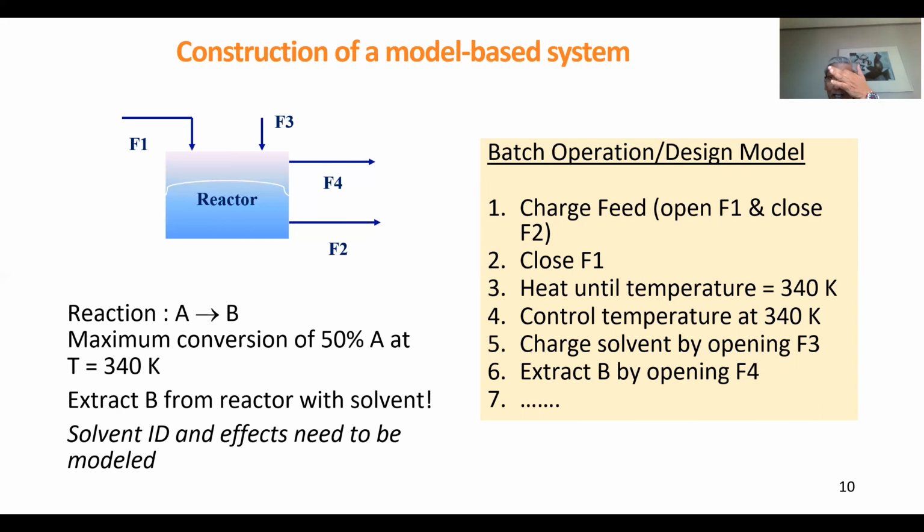Sorry, I said the solvent will go out in F2, but the solvent will go out in F4, and so on. So in addition to the actual process model, we also need an operation model which will tell at what time what has to happen in the operation of the process.